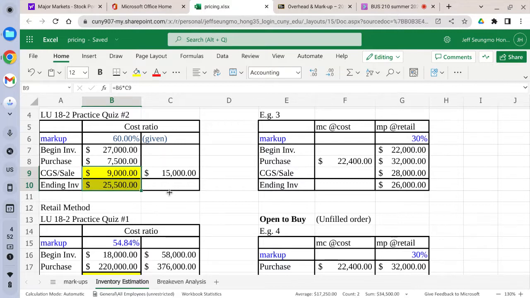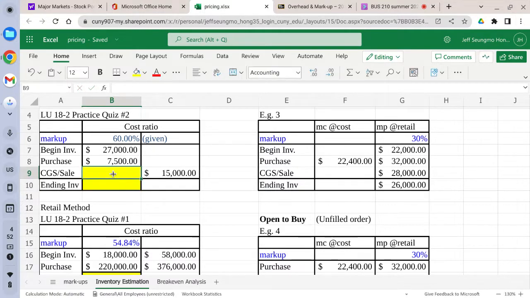If the IRS suspects that this company's tax reporting is not genuine, then they will go after it. And what is the starting point? The starting point is the markup rate, right? That's why it's called inventory estimation.